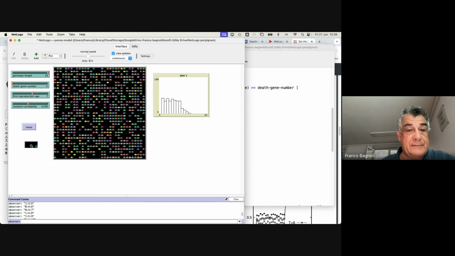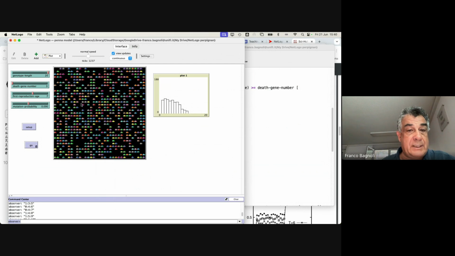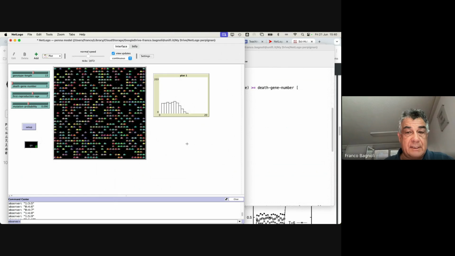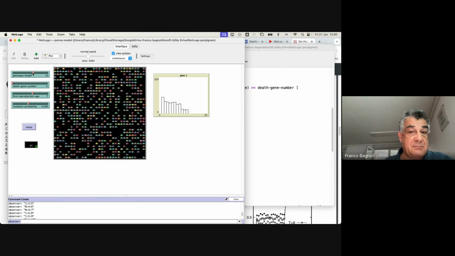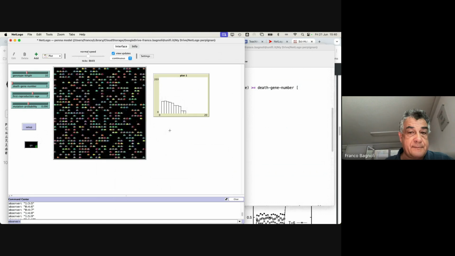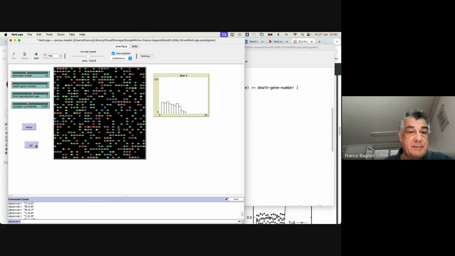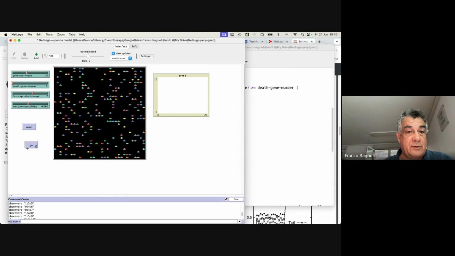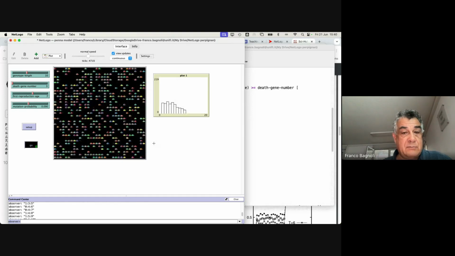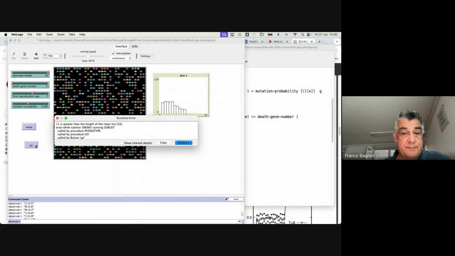Now the other thing is that probably there are too many fish here. Let me reduce this so that we have less fish surviving, but it doesn't seem to change very much. Because I remember that there is also the problem that if you don't let the population evolve enough, you don't have great variations, but it doesn't seem to change.